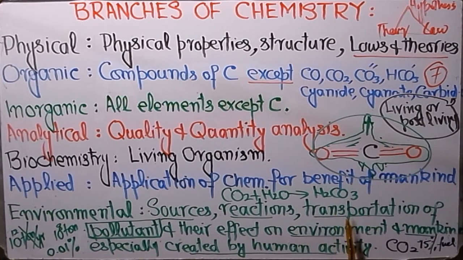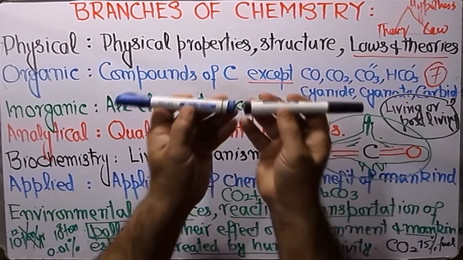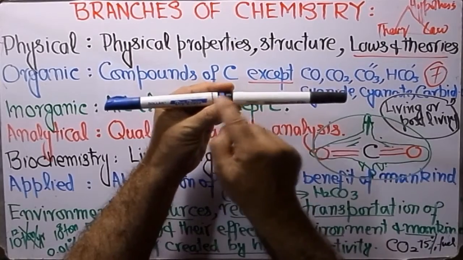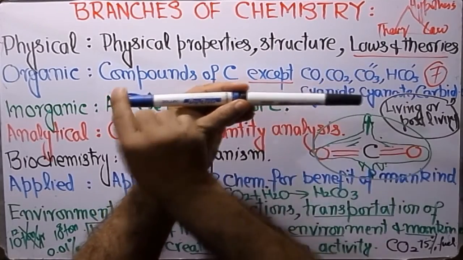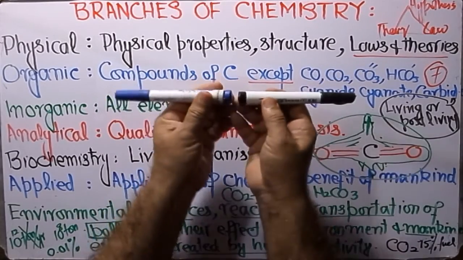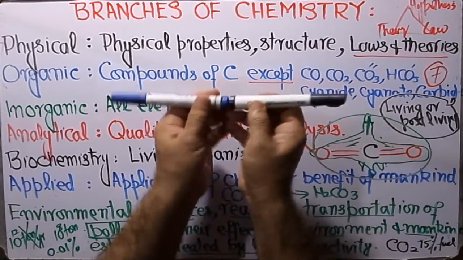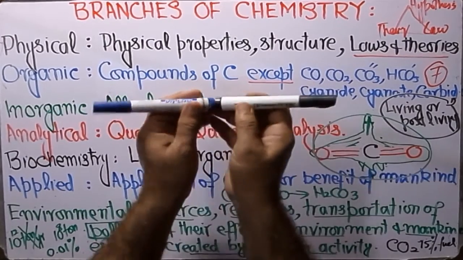And how is it transported? The carbon dioxide molecule is like a butterfly, like a bird. This is carbon, and this is oxygen, and this is oxygen. It moves like this. It flies like a bird. That's why I've shown it like a bird.